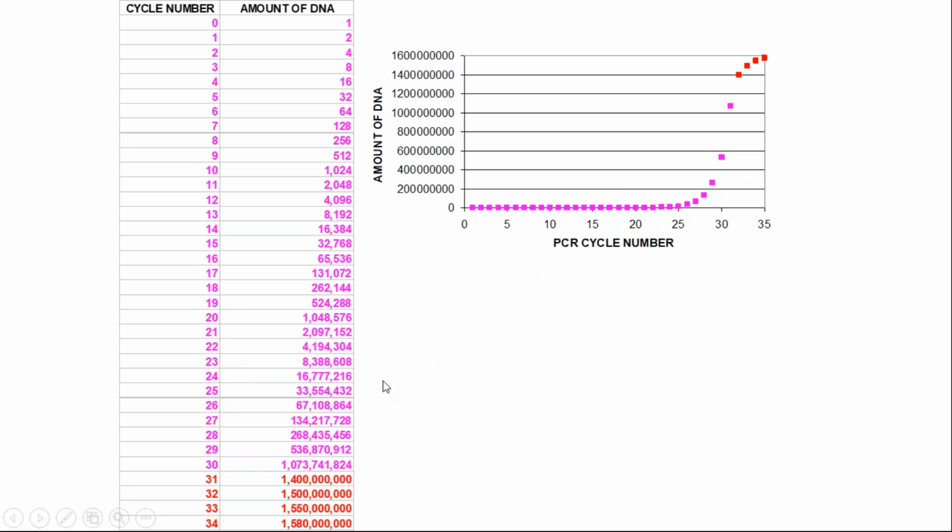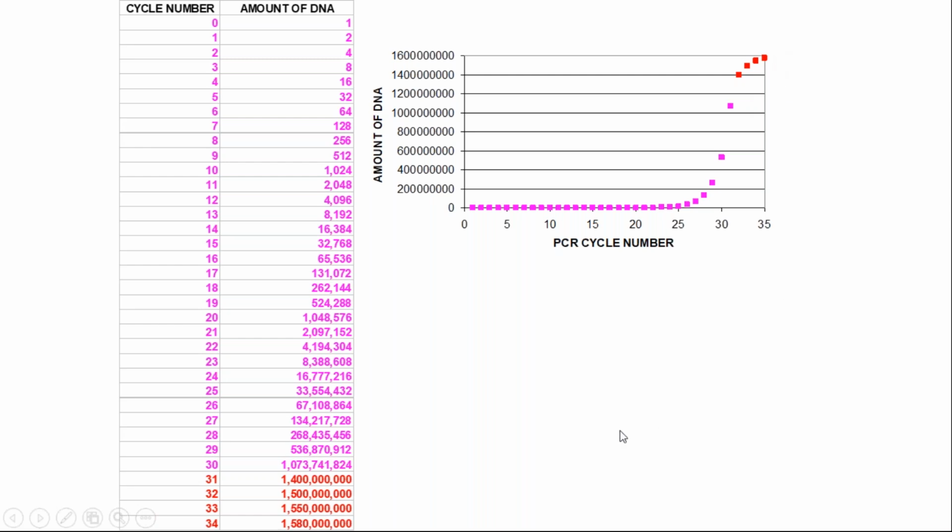Now you can easily see the amount of DNA increasing after every cycle. However, towards the end of the PCR amplification, there is not much change. Here you have 1400, it has become 1500, 1504. So it has reached a saturation.